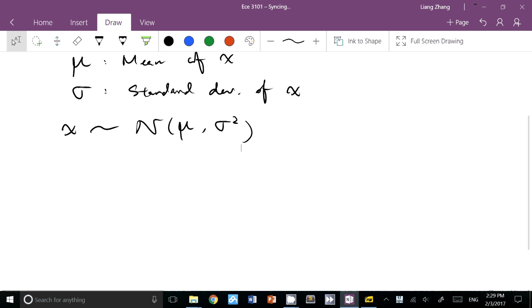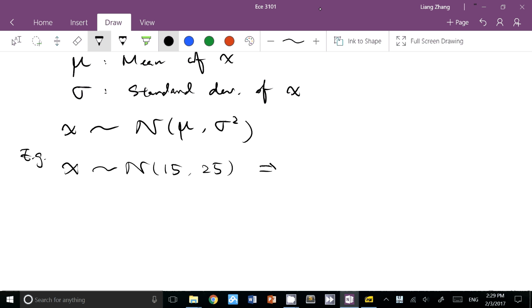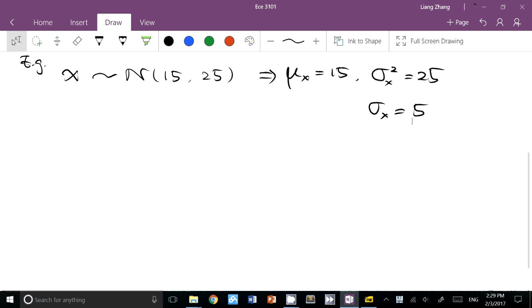So for example, if you see someone write that a random variable x follows a normal distribution of, let's say, 15 and 25, then you should immediately know that this is a normal random variable with mean equal to 15, and the variance of this random variable is equal to 25, so the standard deviation should be equal to the square root of 25. That would be fine.